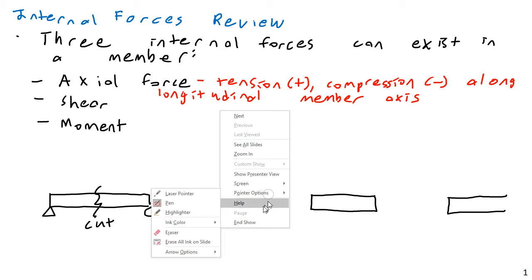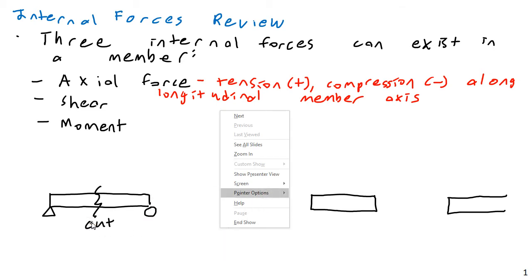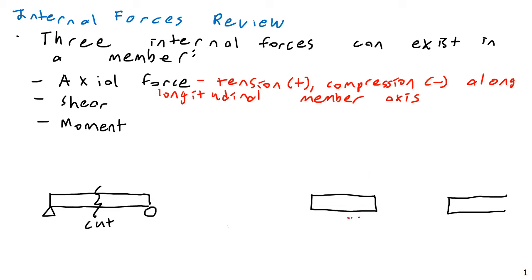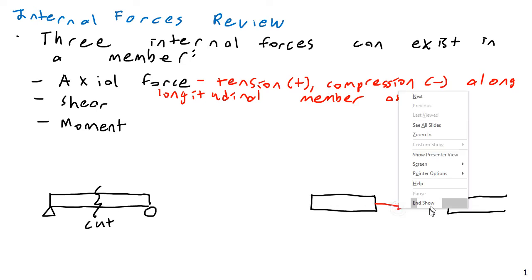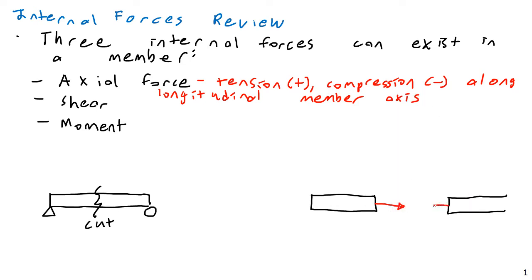First, let's look at axial force. Again, it's going to occur along the longitudinal axis, which would be something along the length of the member, like this. Usually when I'm labeling these, I call this N, for a normal force, an axial force. Like this.